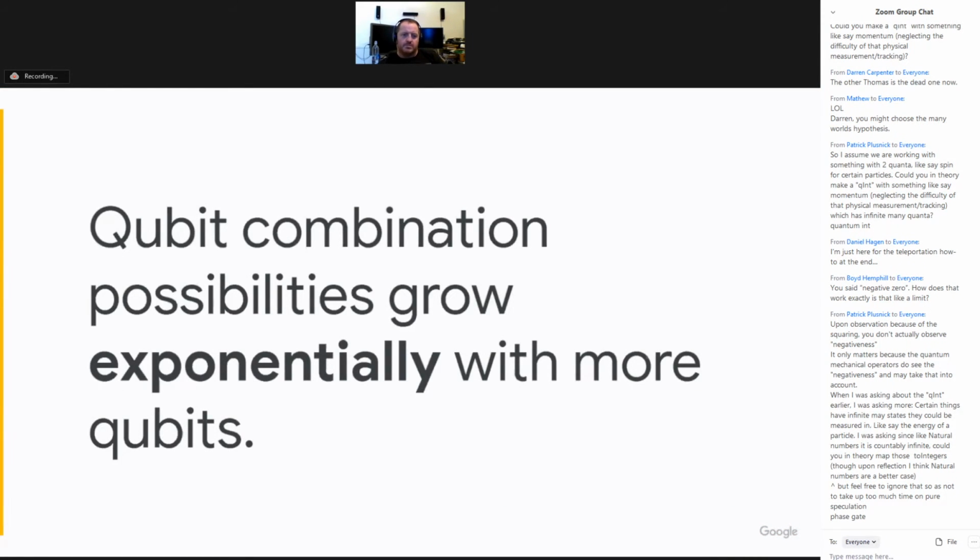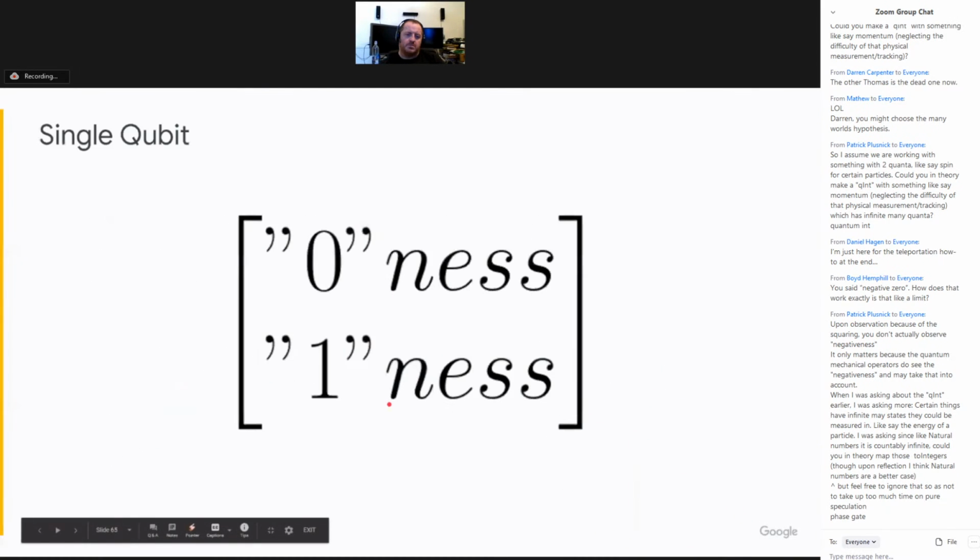So we hear about exponential speedups with quantum computers, that they're exponentially faster than classical computers. Why is that? Well, one of the main motivators behind that fact is that the state space, the combinations that qubits can occupy, that unit circle that we saw, grows exponentially as you add more qubits to them.